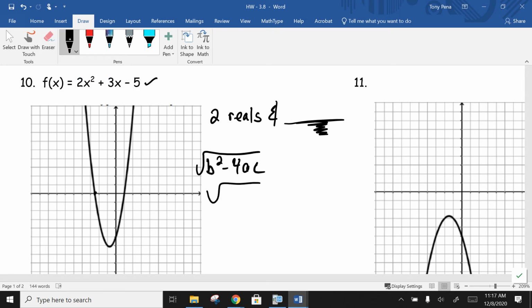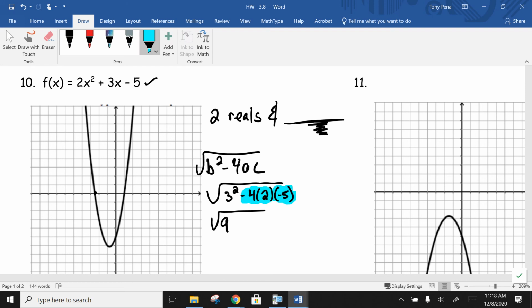Substitute our values in. Our b has to be 3, so 3 squared, minus 4 times a times c. A is a 2, c is a negative 5. So 3 squared is 9. If we multiply all these together, the negative 4 and 2 would make a negative 8.